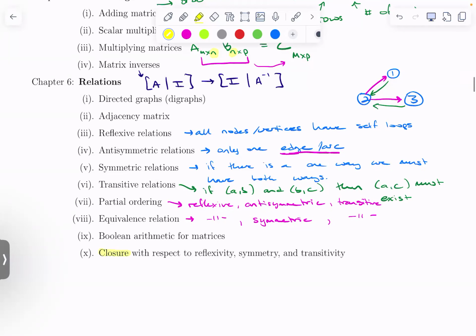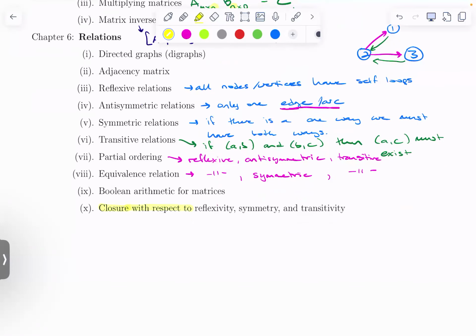Okay, and so the closure with respect to reflexivity, symmetry and transitivity would be what relations are missing in order to make it reflexive, in order to make it symmetric, and in order to make it transitive. These two are easy, right? If you are able to draw the relationship, then it's easy to see what ones are missing.